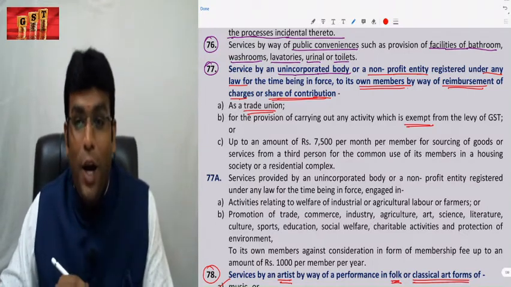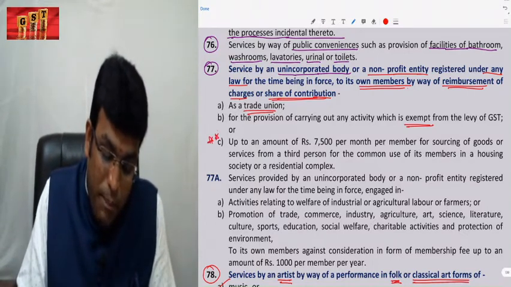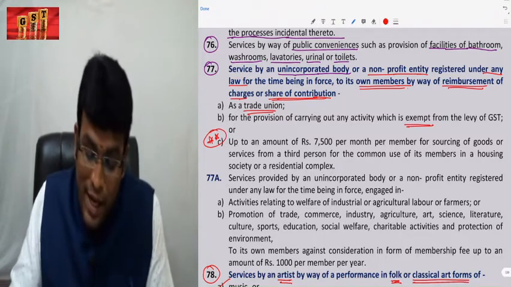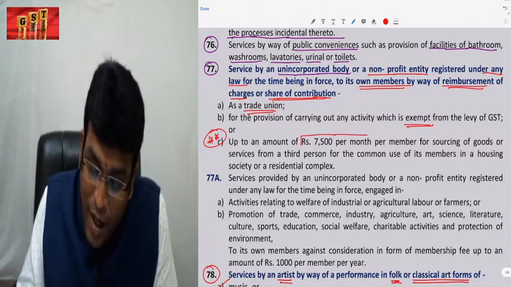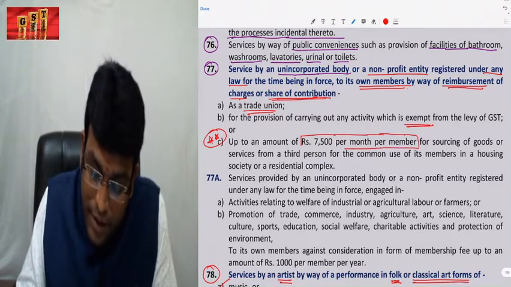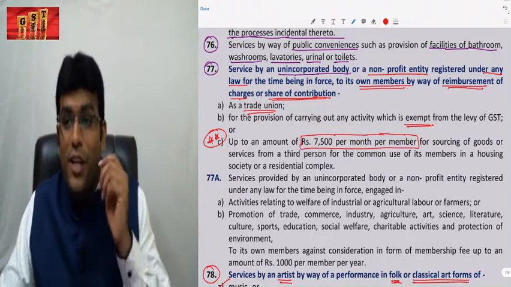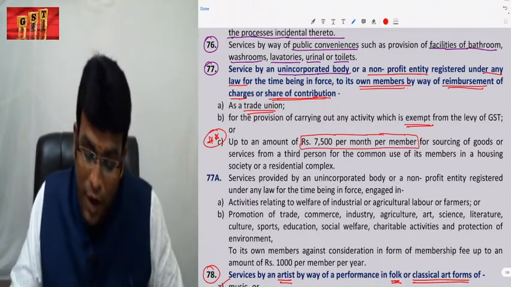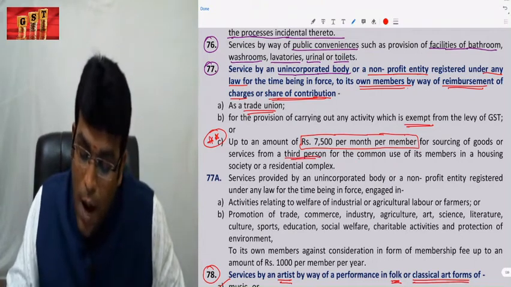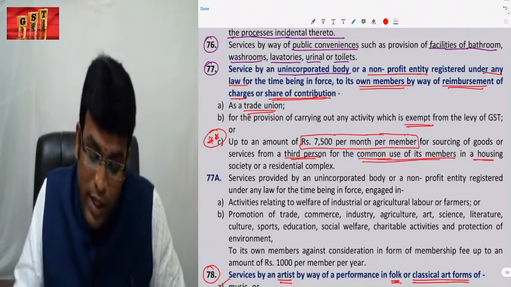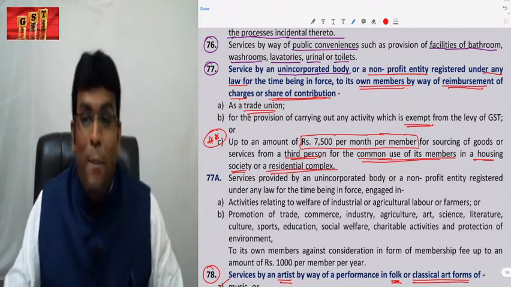Next point, very important, extremely important point: up to an amount of 7,500 per month per member for sourcing of goods or services from a third person for common use of its members in a housing society or residential complex.